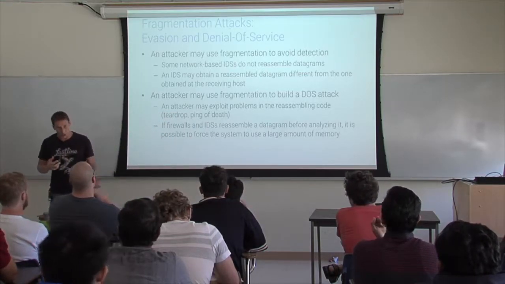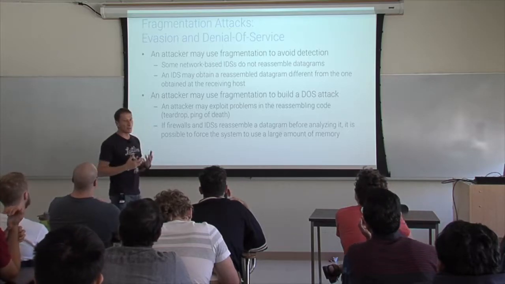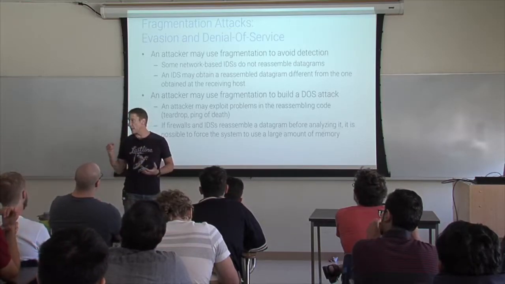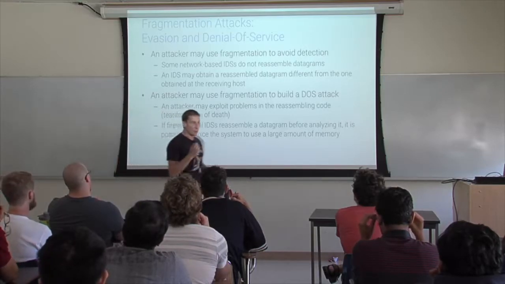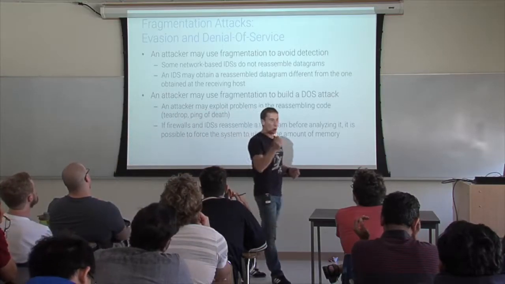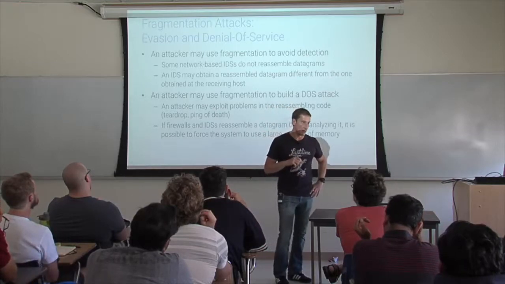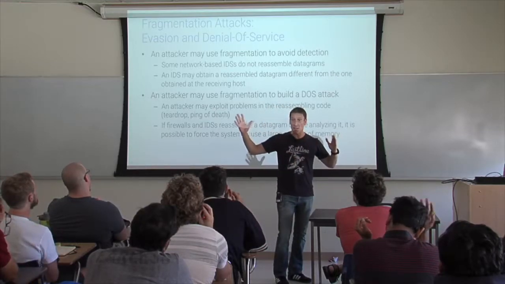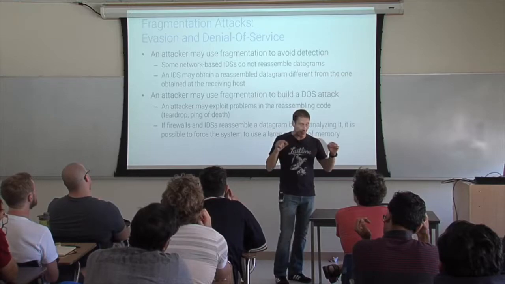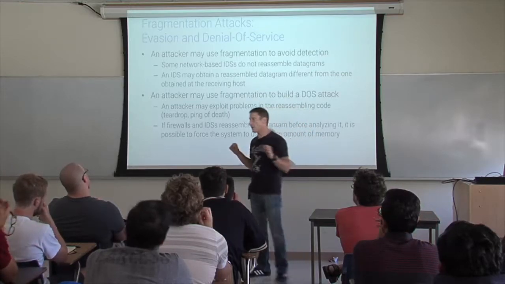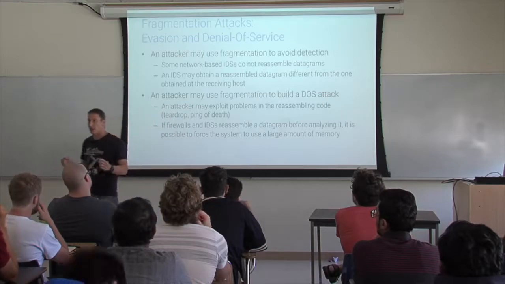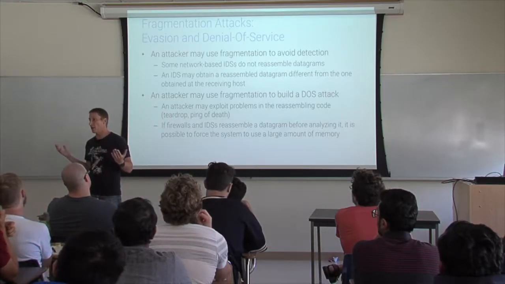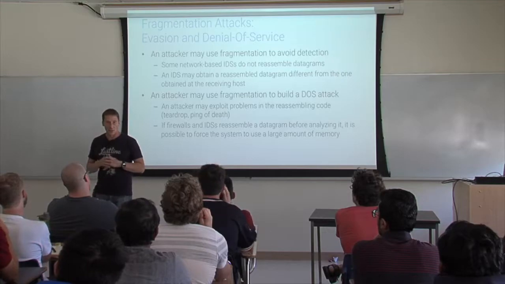As we will see also with TCP, whenever you have to maintain state, that's a security pattern that can be exploited. I send you all the fragments but one. Now you are holding 64K of memory, except for one sliver of the last fragment, waiting for it to come. You, of course, have a timeout, after which you say, okay, it got lost, and you have to throw it away.